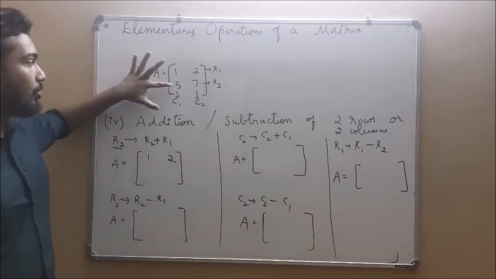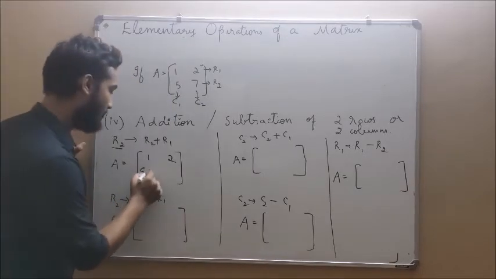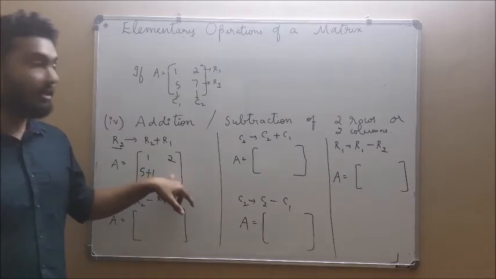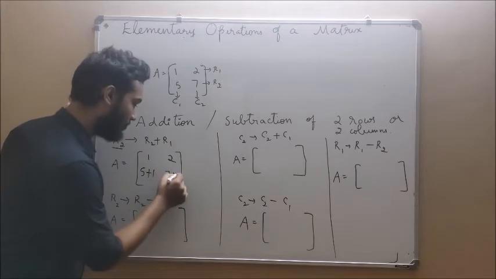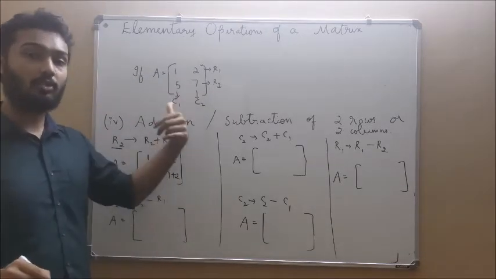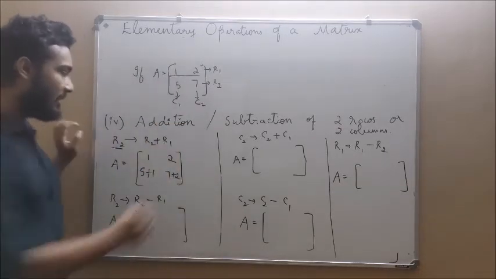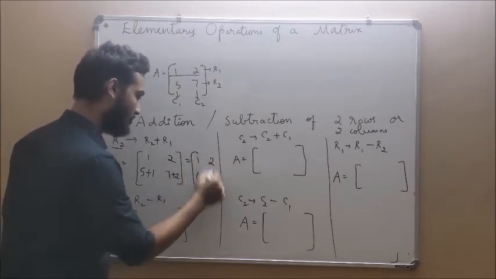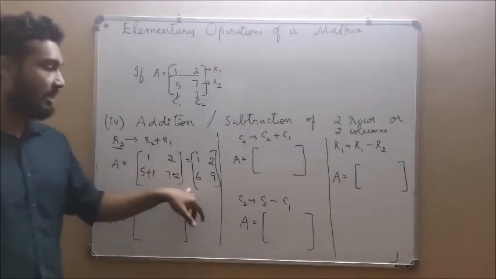So row 2, 5 plus the corresponding element 1, and 7 plus 2. We are adding the corresponding row elements of R1 and R2. So this is 1, 2 and 6, 9.